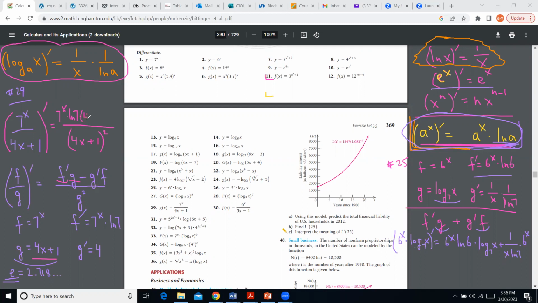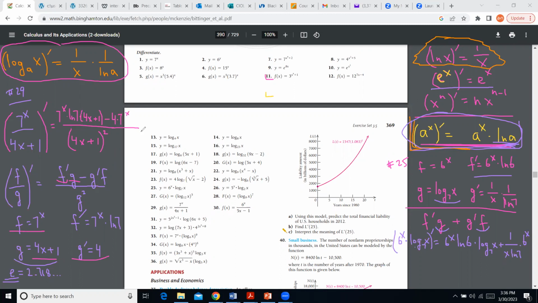So I better use parentheses, right? And then the minus sign comes, and we have to take the derivative of function g that happens to be just 4, right? And this is multiplied by function f of x itself, so by 7 raised to the power of x.